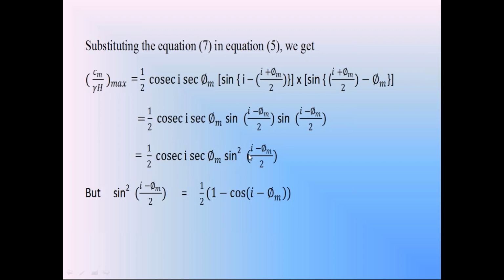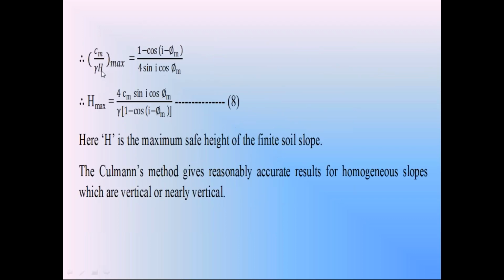After simplification of the right hand side, you will get Cm by gamma h maximum is equal to 1 by 4 into (1 minus cos (I minus phi m)) divided by sin I into cos phi m. So this is the maximum stability number condition.